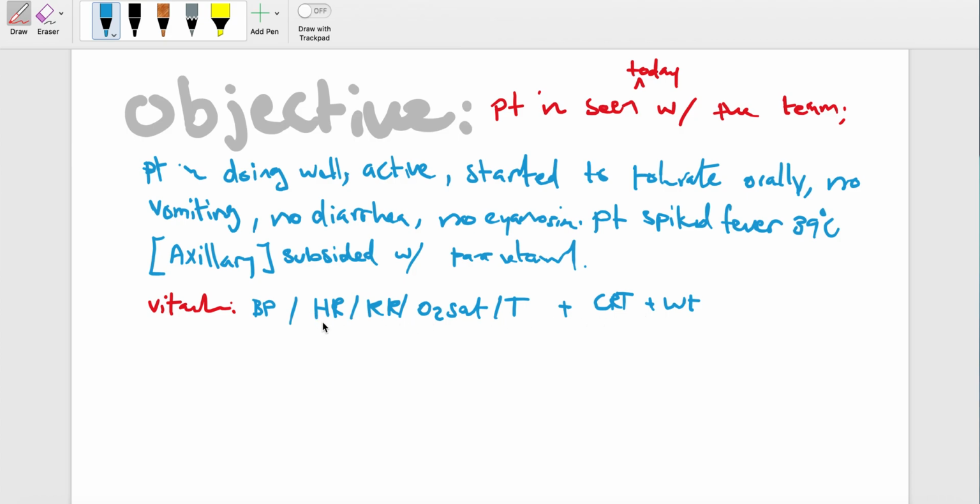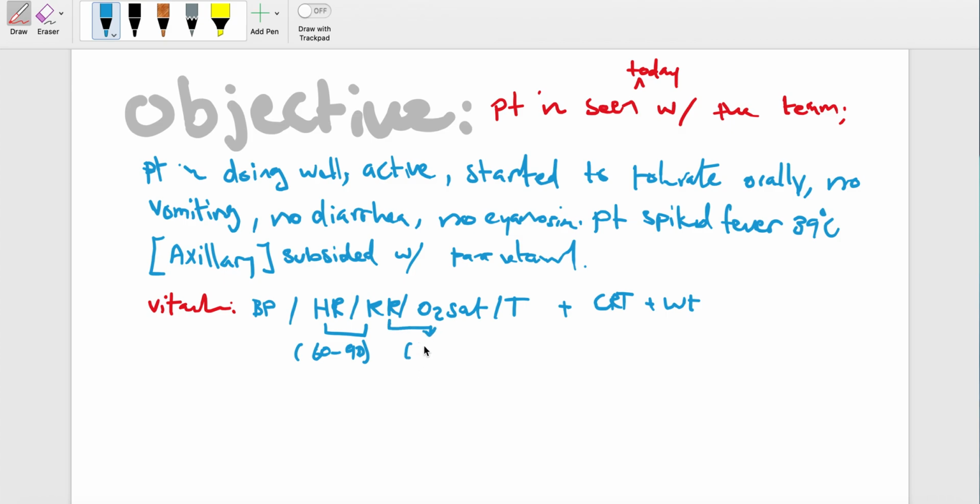Yes, about the heart rate and the respiratory rate, they mostly prefer to write it down as a range, I mean, the minimum to the maximum. Let's say the heart rate is from, let's say, 60 to 90. And the same for the respiratory rate.